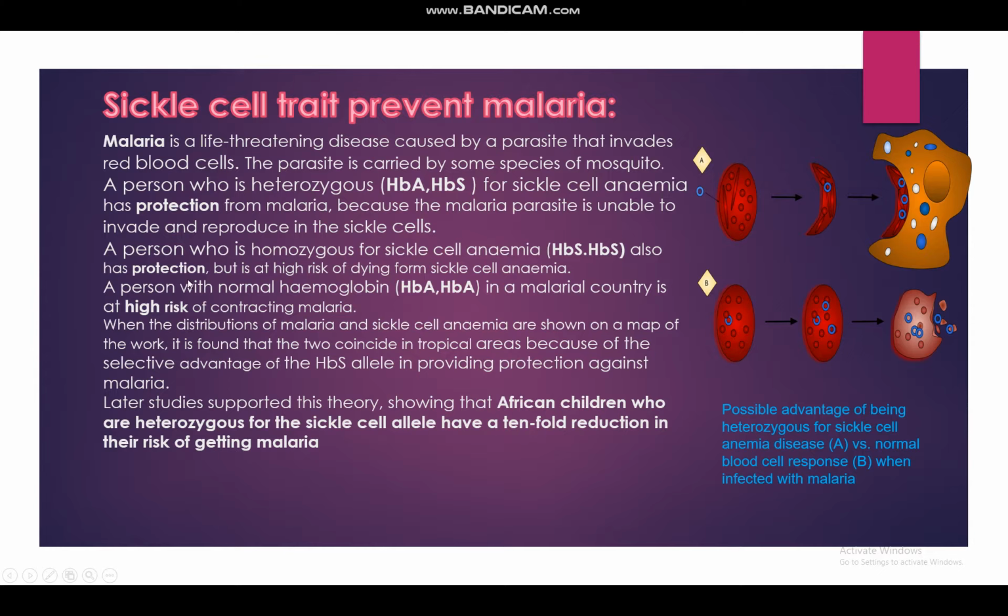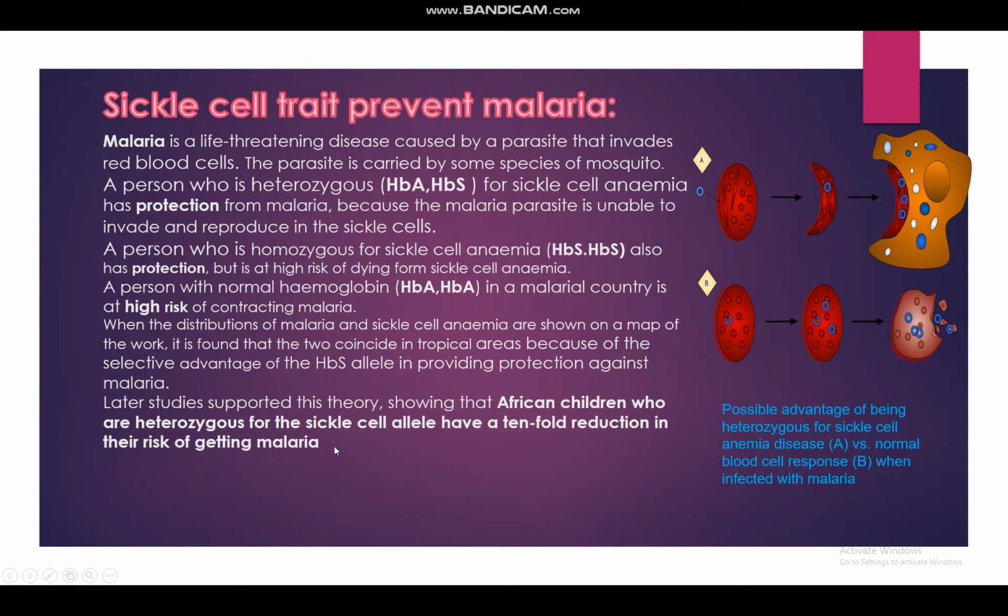sickle cell trait. Now a person with normal hemoglobin, whose genotype is HBA, HBA, contracts malaria in a malarial epidemic area. This is very much valid in Africa, where malaria is endemic: African children who are heterozygous for the sickle cell allele have a 10-fold reduction in the risk of getting malaria.